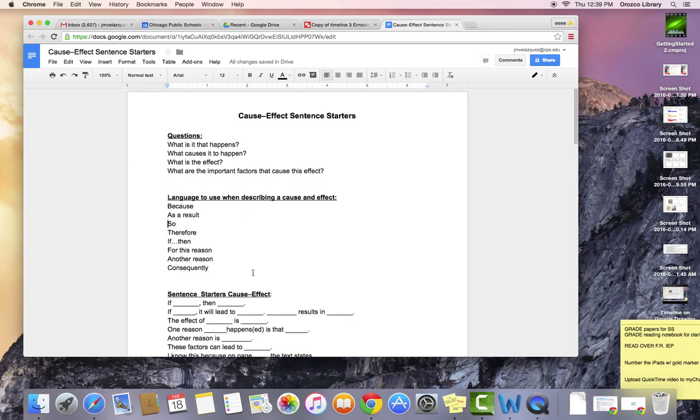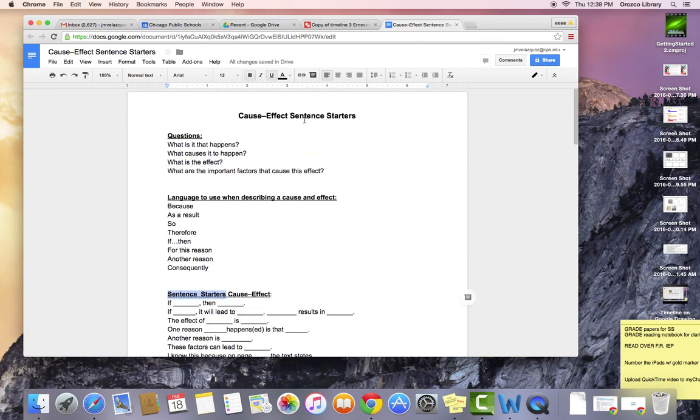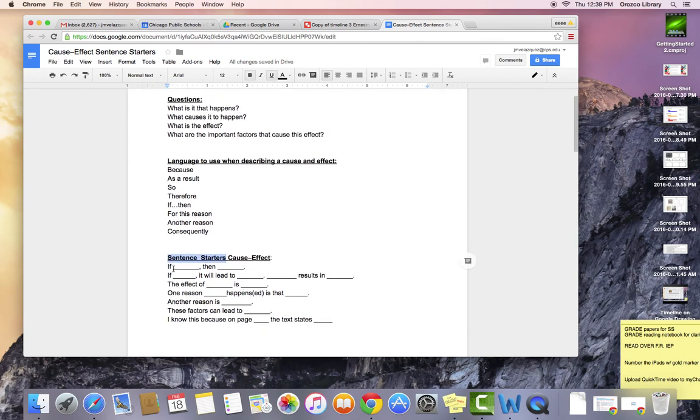using these words. Now, I also provided sentence starters, which is obviously the name of the document, sentence starters. If this, then that. If this, it will lead to that, and as a result, the American Revolution. The effect of this is this.